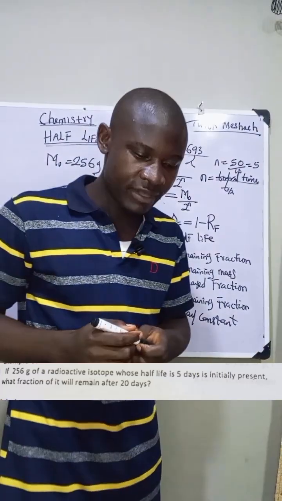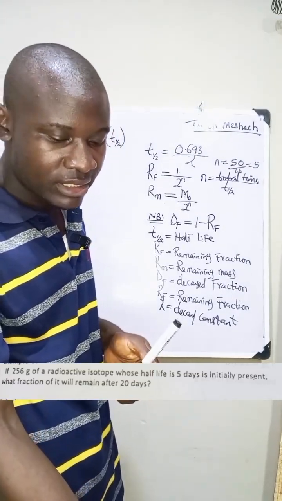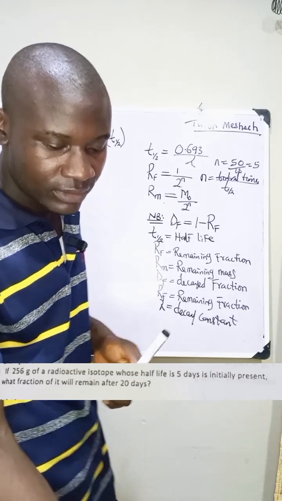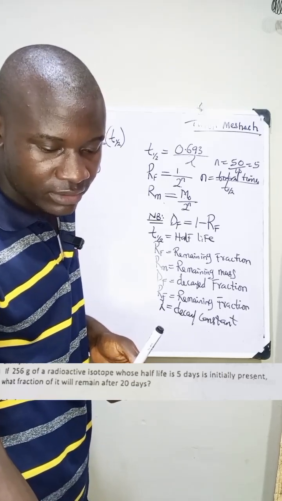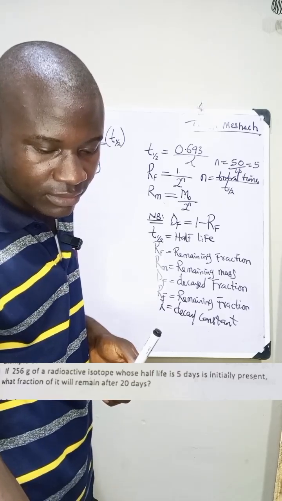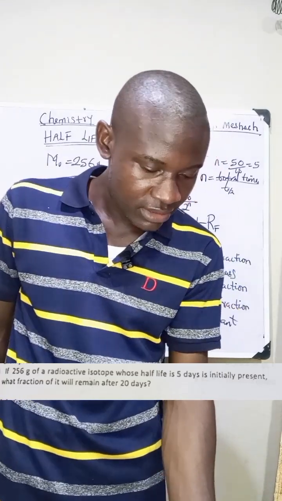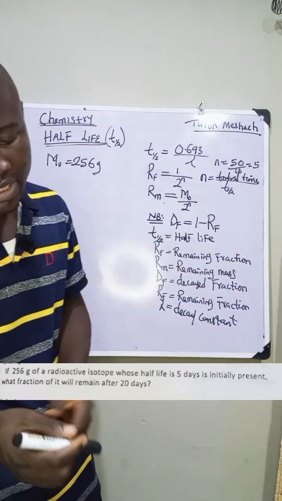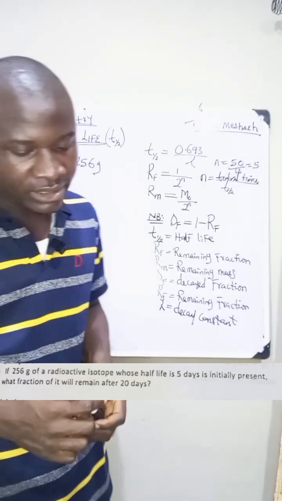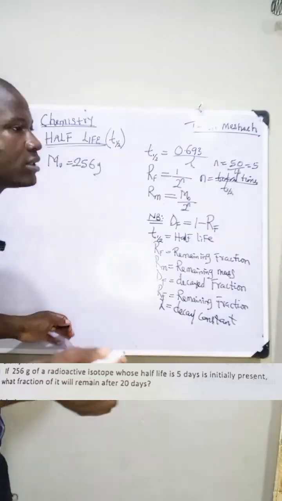What else are we given? We are given the half-life to be 5 days and the total time. They said it is a radioactive isotope whose half-life is this, initially present. What fraction of it will remain?